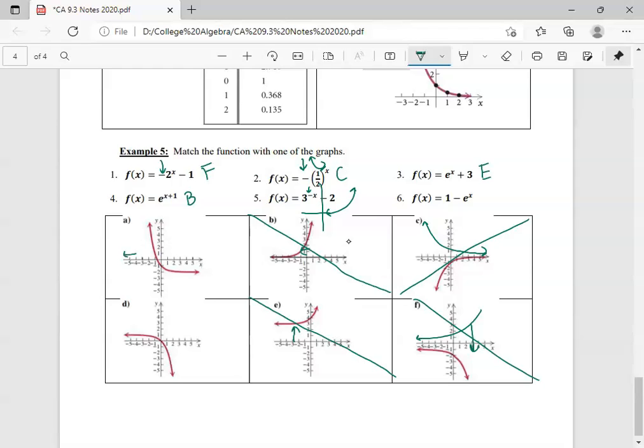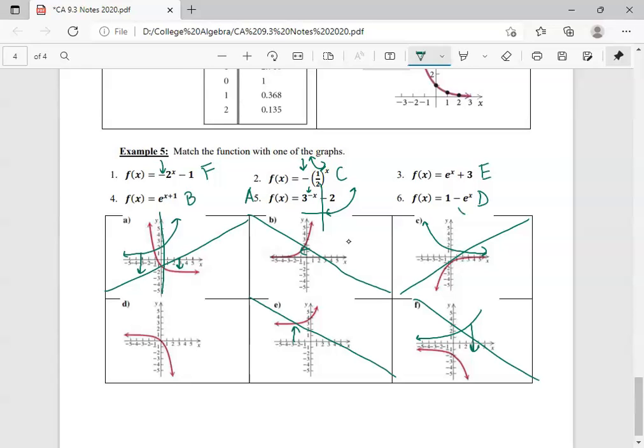So just imagine if I started out right here and it looked like this, I flipped it across the y-axis, and then I pushed it down too. So you see that? Flip it across the y-axis, push it down too. That's going to be A. So 6 has to be D.